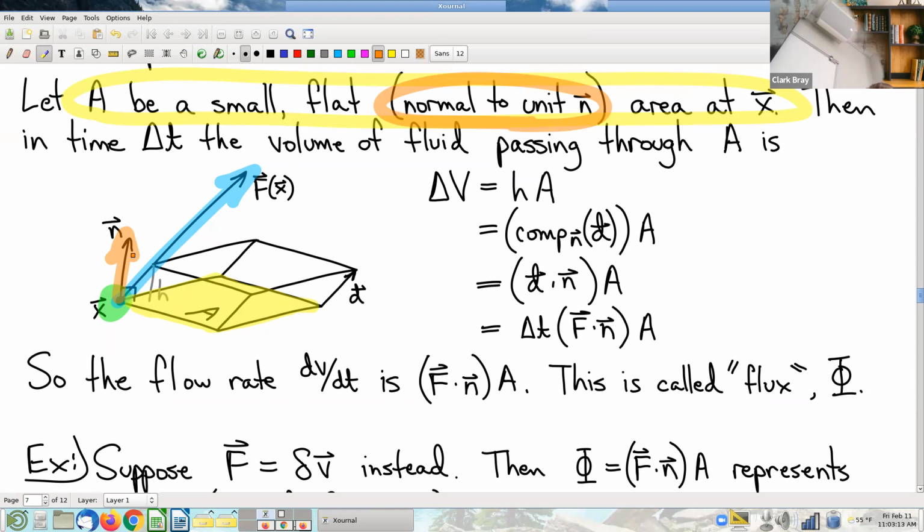Then I argue as follows: in some amount of time, delta T, how much fluid passes through? Well, it's this parallelogram's worth of fluid.